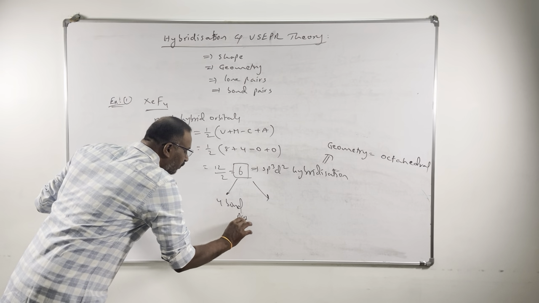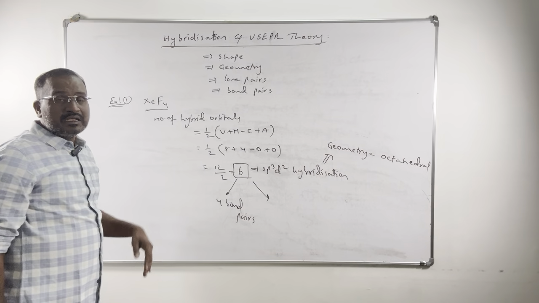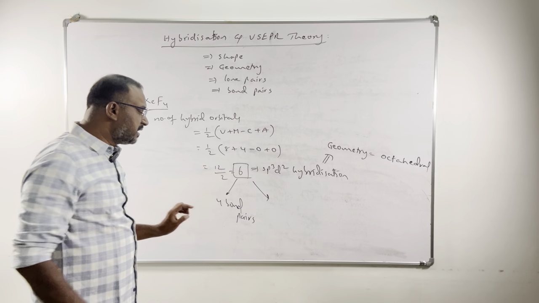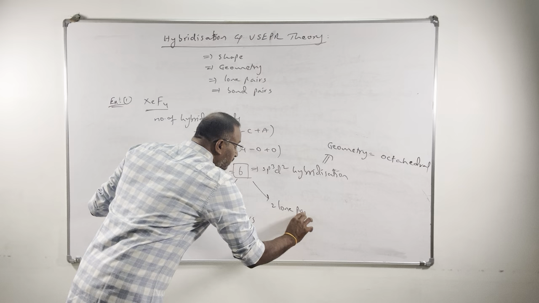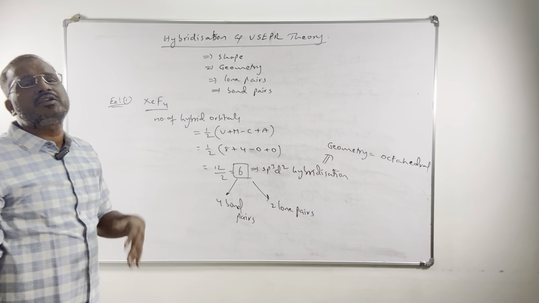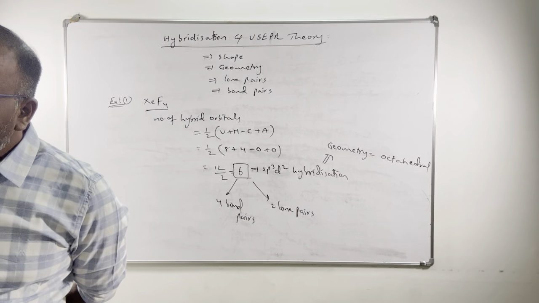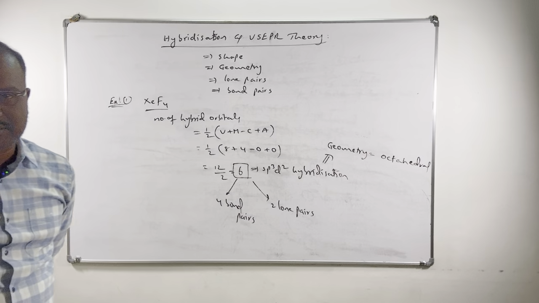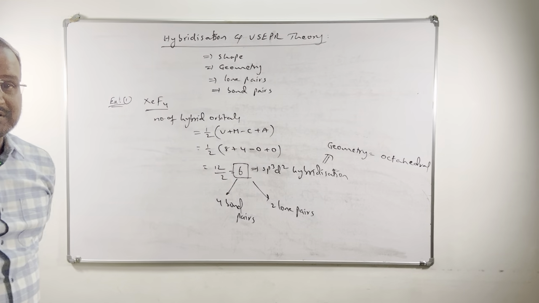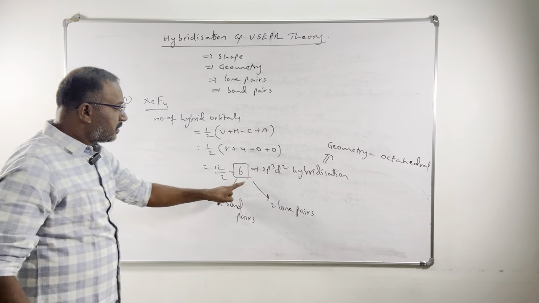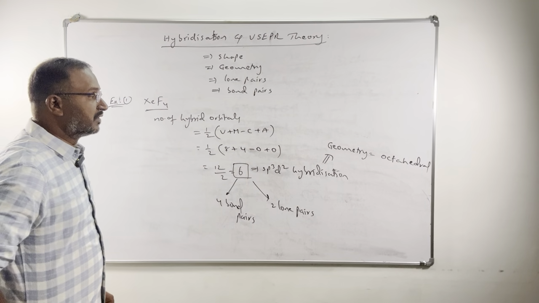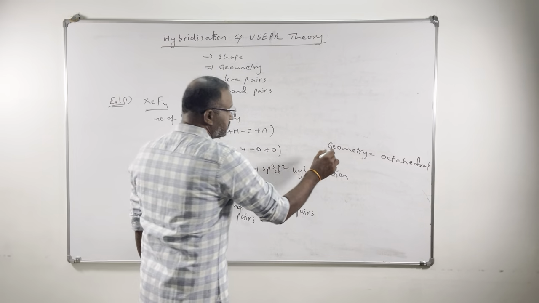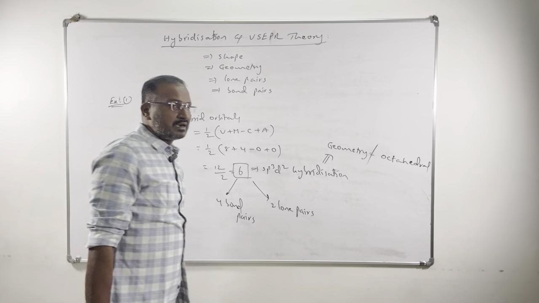The remaining 2 are lone pairs. For any molecule you can calculate like this, no exceptions. So we get 4 bond pairs and 2 lone pairs. Since lone pairs are there, the shape is not octahedral.